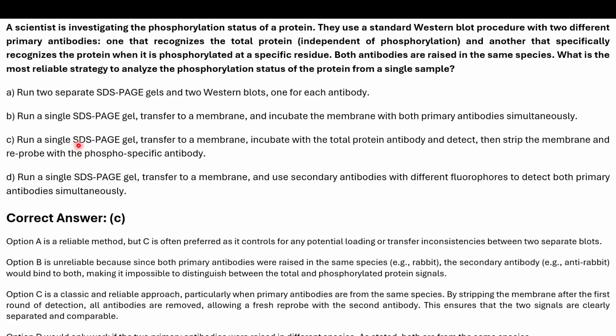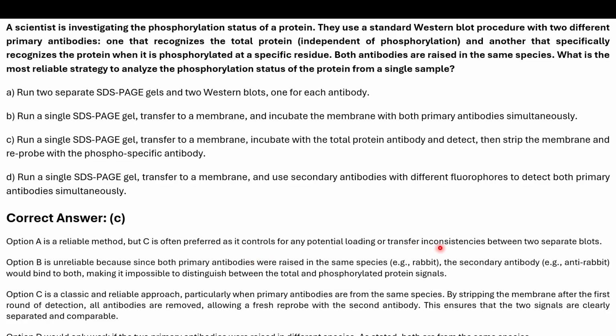But if you are running a single SDS-PAGE and reprobing it with two different antibodies, where you are stripping the membrane of the total protein antibody and then reprobing it again with the second antibody, you are actually negating the issue of any difference in the loading amounts of the sample. Okay.